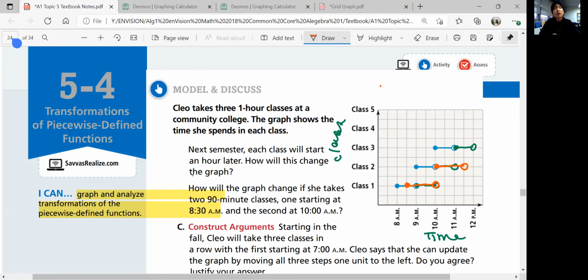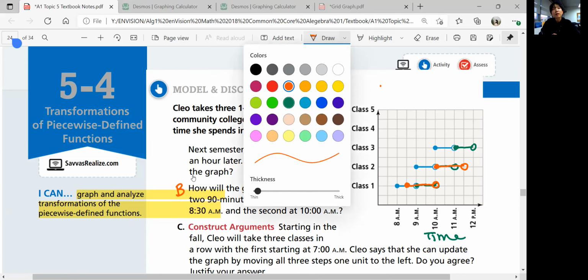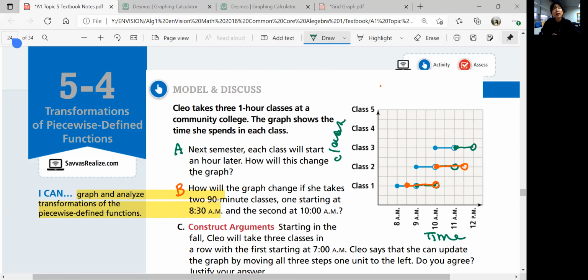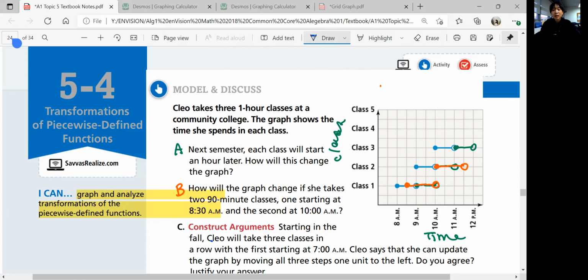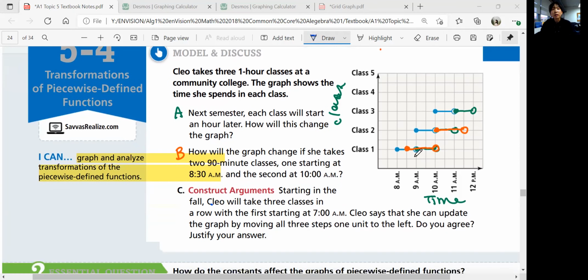The red one is part B. The green one was part A. Let's do blue for C. Part C: starting in the fall, Cleo will take 3 classes in a row, with the first starting at 7 a.m. Cleo says that she can update the graph by moving all 3 steps 1 unit to the left.